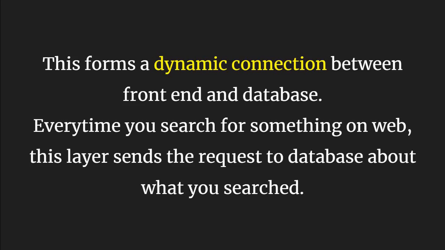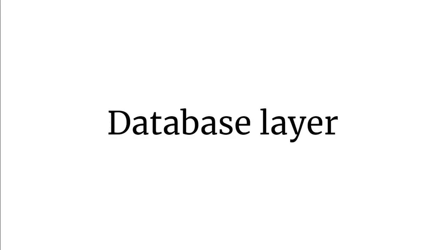I hope you understood. Whenever data is requested from the presentation layer, it goes through the application layer and only then is the request responded to. This is about the backend. Now we'll understand what a database layer is.